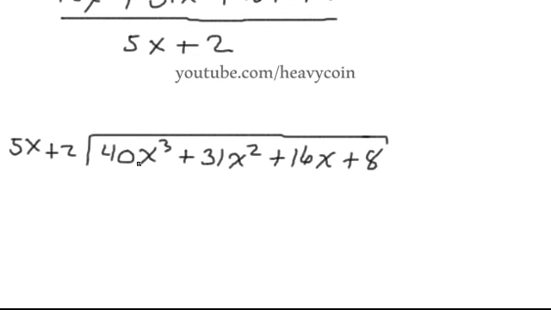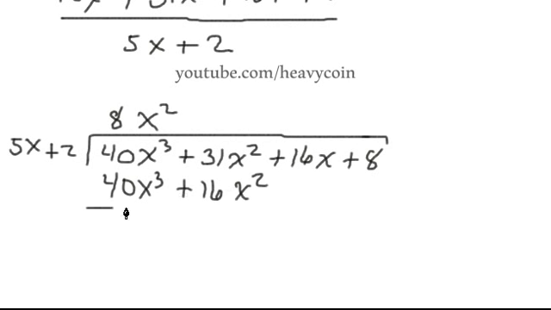So 5x goes into 40x cubed. So 5 goes into 40 8 times. X goes into x cubed, and we'll be left over with x squared. And then we multiply back through again. So 40x cubed, and then 8x squared times 2 is going to be 16x squared.